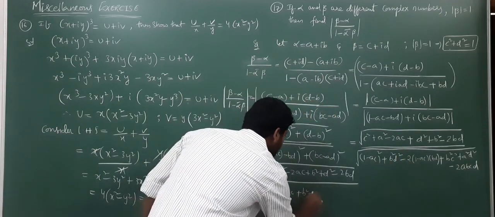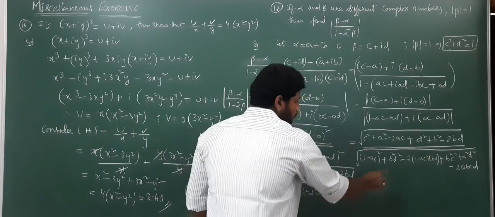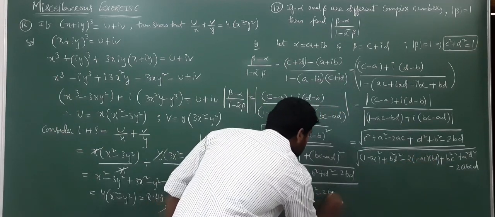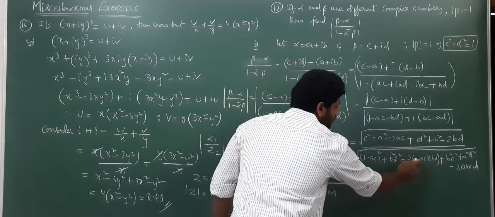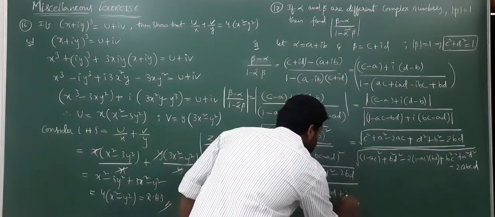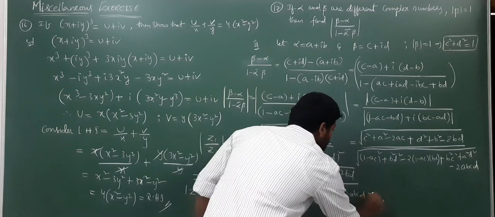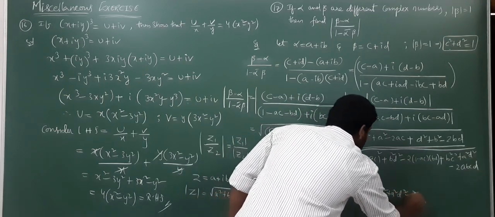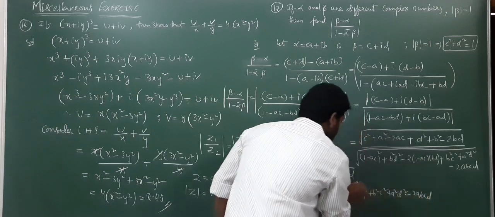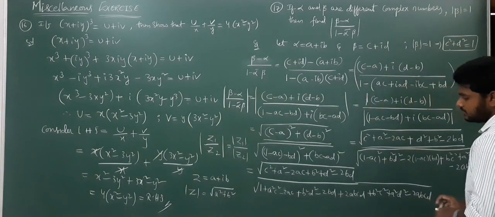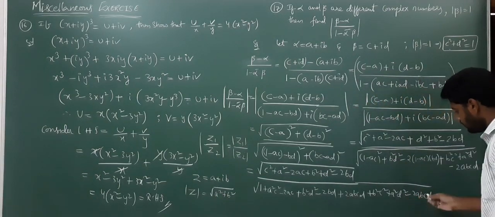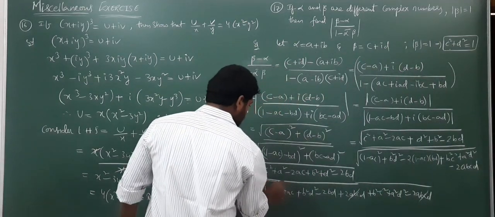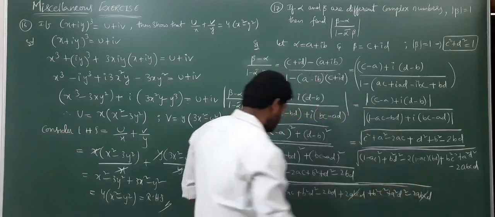So plus b square d square, minus 2 into 1 is minus 2, into bd is minus 2bd, minus 2 into plus minus is plus 2abcd, plus b square c square plus a square d square minus 2abcd. If you observe this, minus 2abcd plus 2abcd cancel. Next.